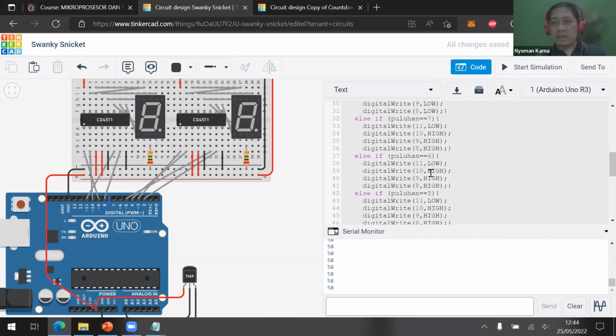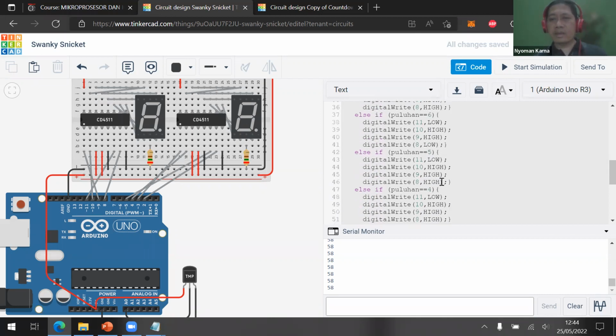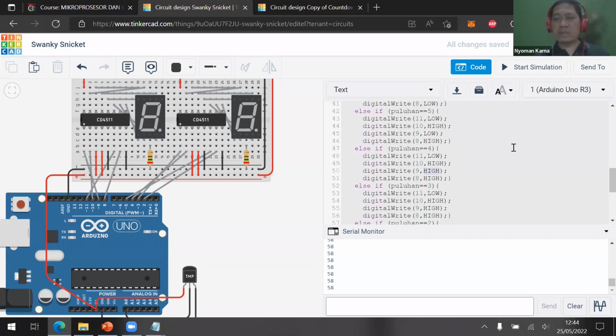This is 7, and this one is supposed to be 6. So for 6, this one is low. And 5 is supposed to be, this is low. And 4 is supposed to be, this is low, and this is also low.